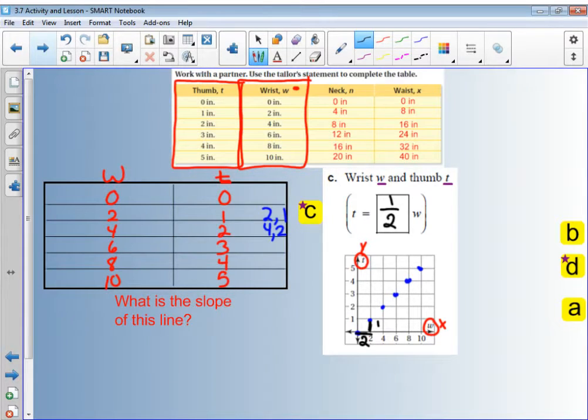So our thumb, the way that we would read this, our thumb equals half of our wrist. So T equals 1/2 of W. So if we knew W, we could figure out the thumb size. If we knew the thumb, we could substitute in 1/2 and solve for our wrist there.